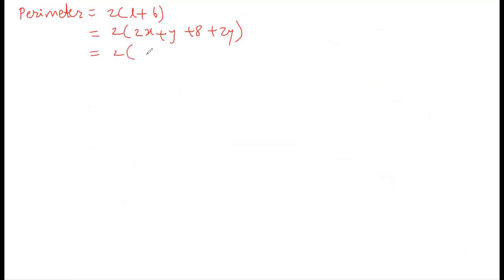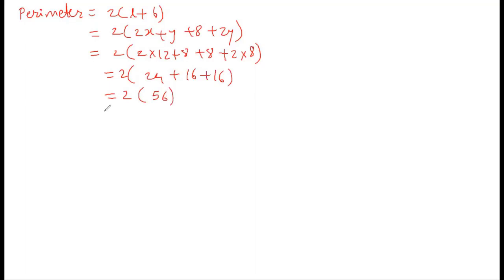So let's put the values of x and y. 2 multiplied by 12 plus 8 plus 8 plus 2y. After solving, you can see 2 twelves are 24 plus 8 plus 8 is 16 plus 16. So after solving, you will get 56, and 56 twos are 112 units.